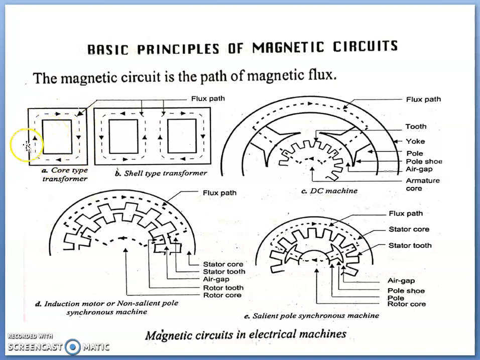So this is the core-type transformer. For the core-type transformer we will draw the structure, which you may have remembered. This will be the core. Actually this core is not a solid core.